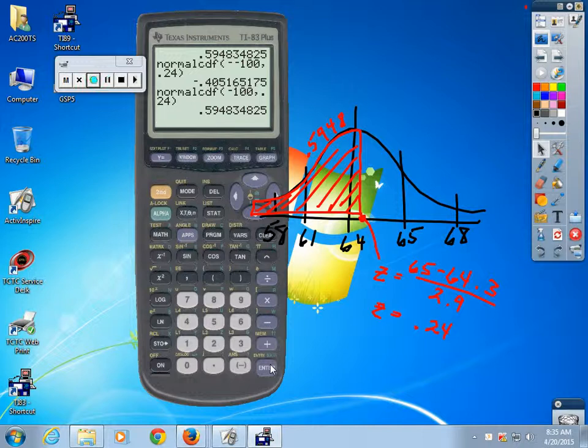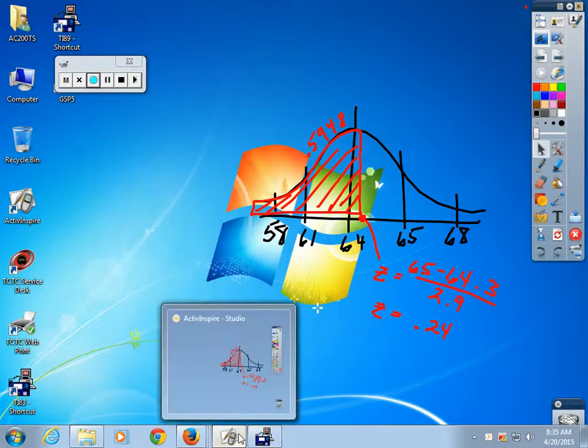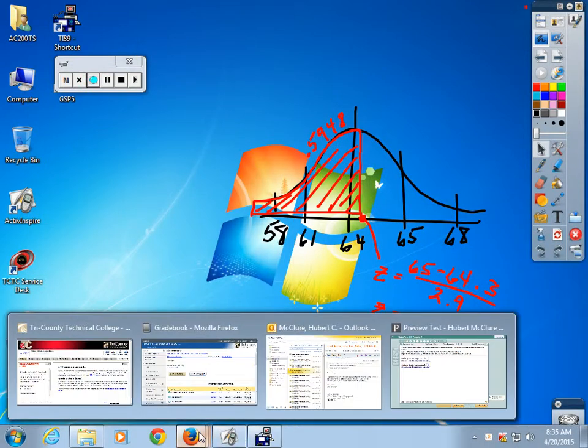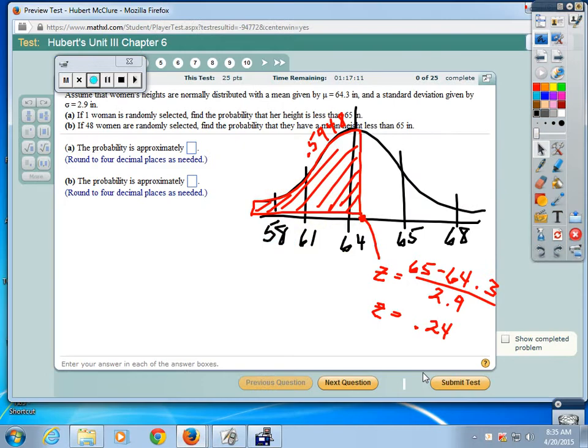All right, second part of the question. It says if 48 women, so we have to change the z-score because 48 women changes the whole dynamic.